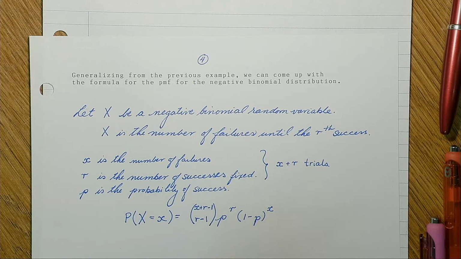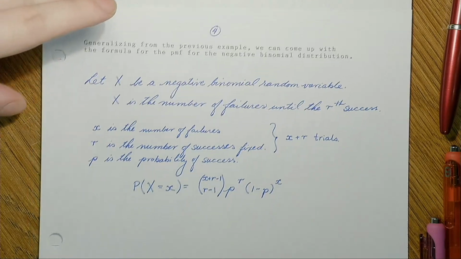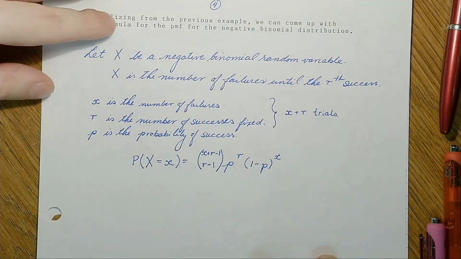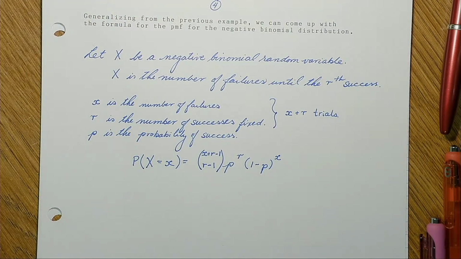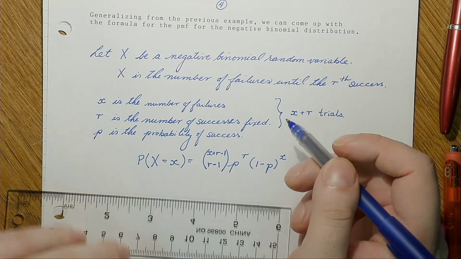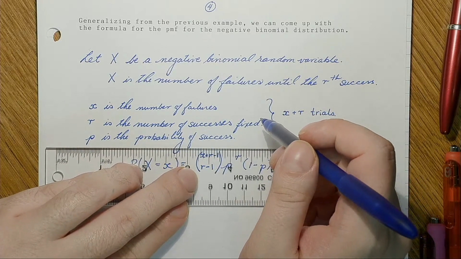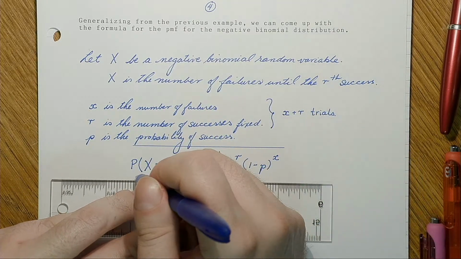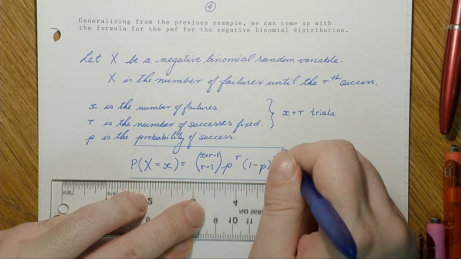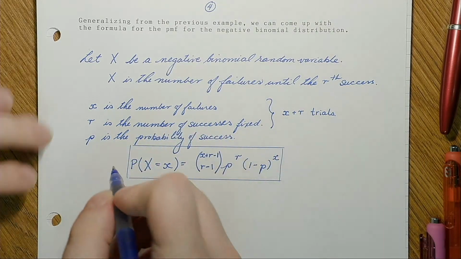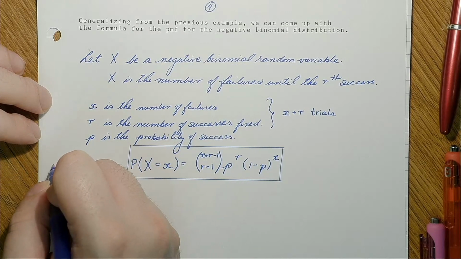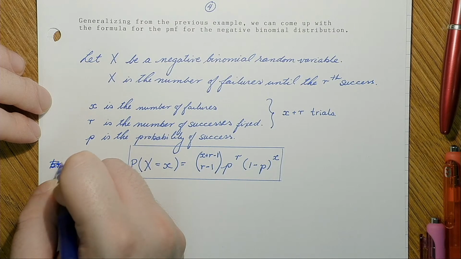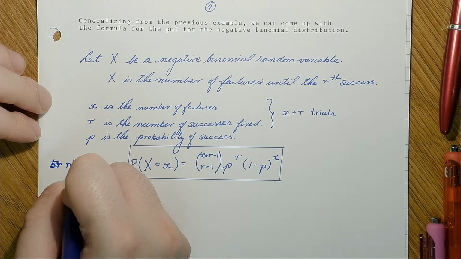And that's the PMF for the negative binomial distribution. And in the book, they keep using the negative binomial.